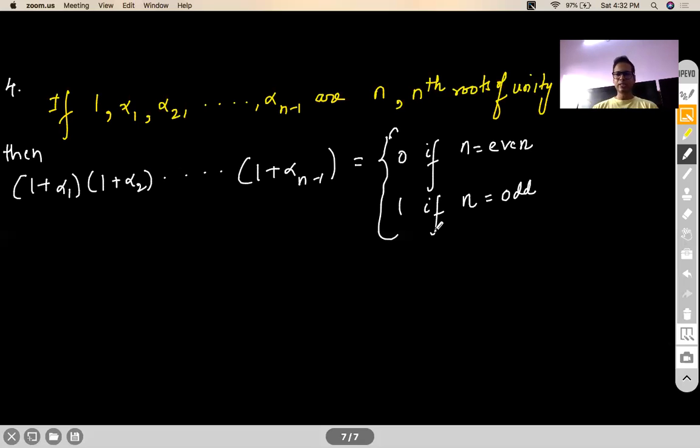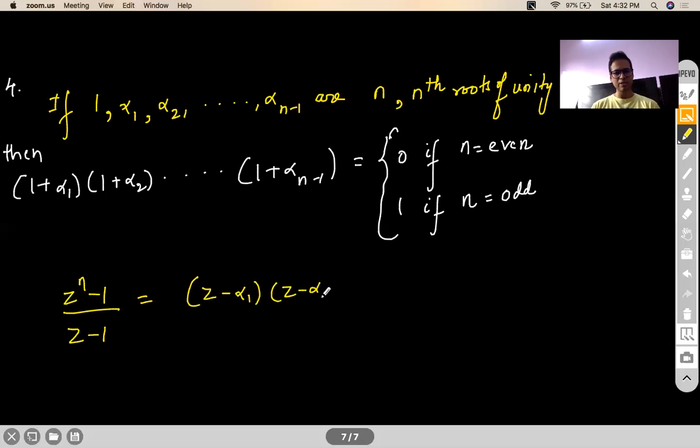Okay, so till this point, everything would be the same. Z to the power n minus 1 by z minus 1 is z minus alpha 1, z minus alpha 2, z minus alpha 3, all the way till z minus alpha n minus 1, right? Now put z as minus 1.